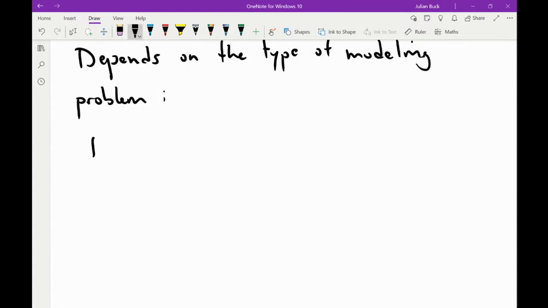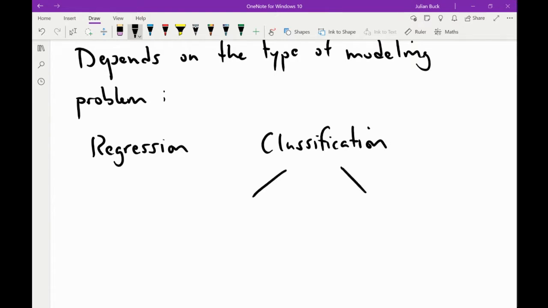Of course we have two broad categories: regression, where we want a numerical output, and classification. But with classification, there are two possibilities. We can do binary classification, or we can do multinomial classification. Binary, where we only have two outputs; multinomial, where we have more than two, so many.